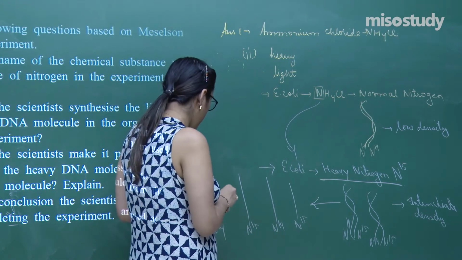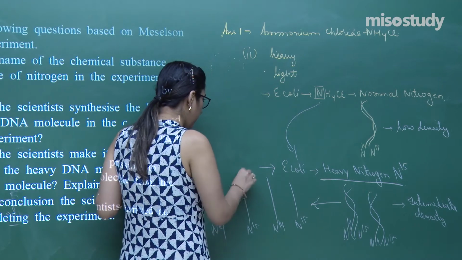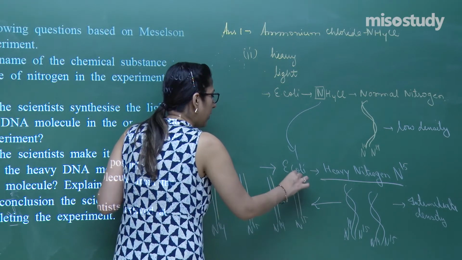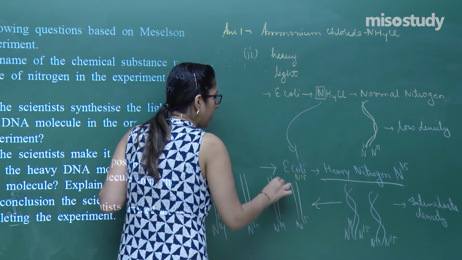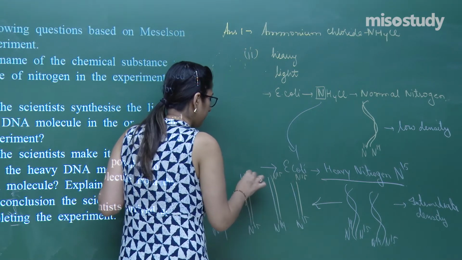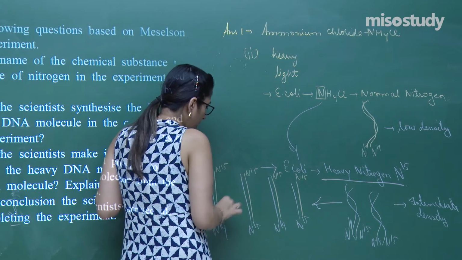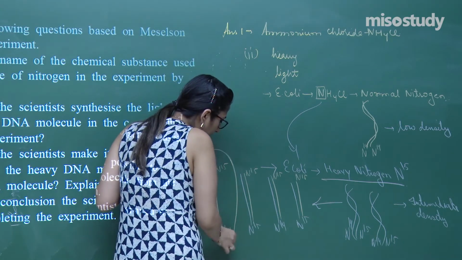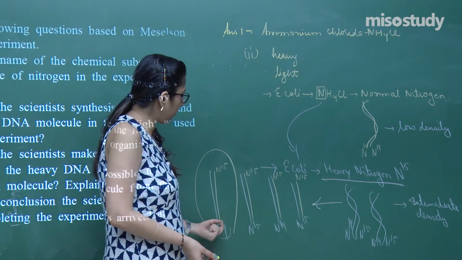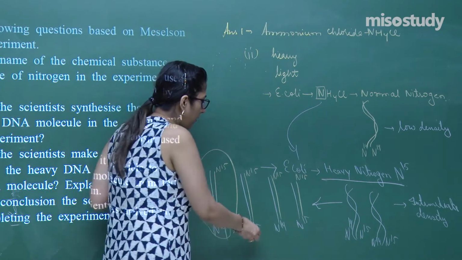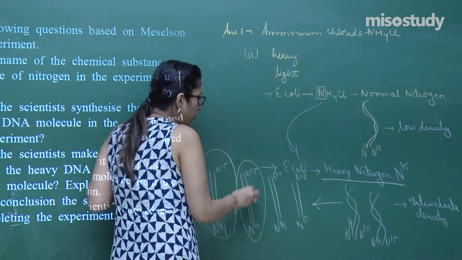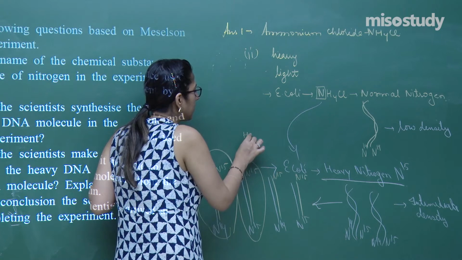What he saw, the new fragments formed in each of these cases were N15 and N15. Now, they were of intermediate density because one is N14, N15, another was N15, N15. So, this was of high density.